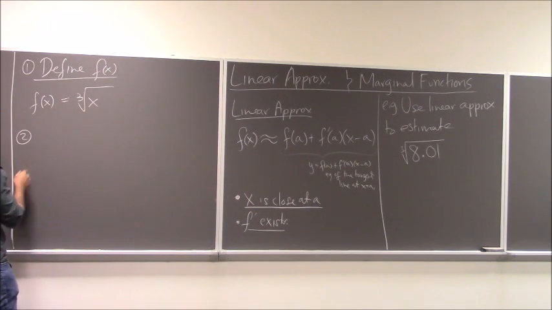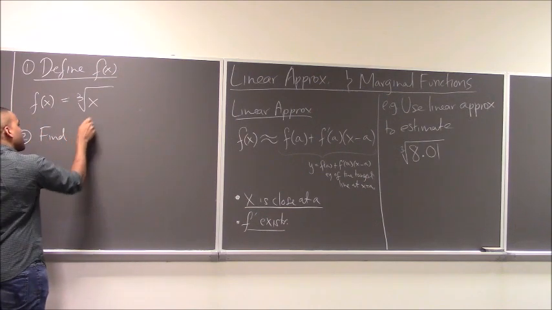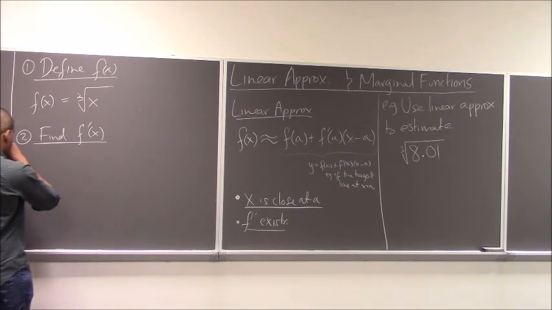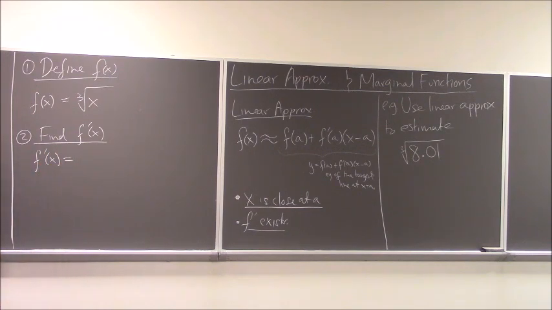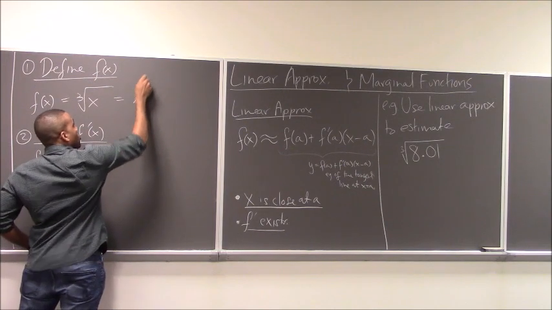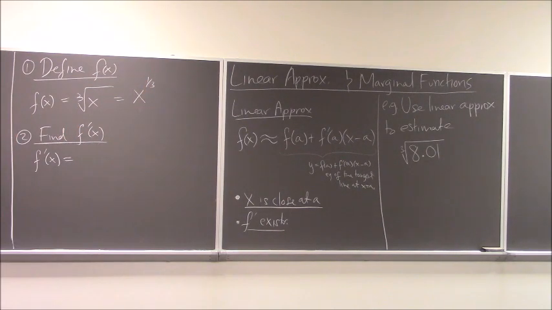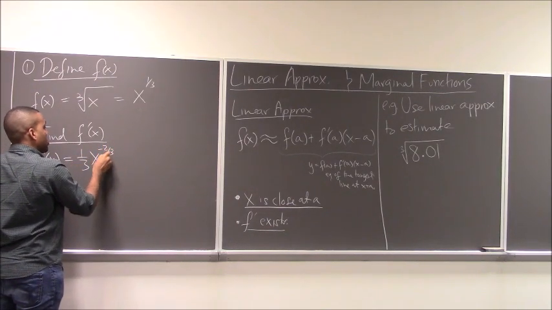Second thing we want to do, because we'll use it eventually, is immediately find the derivative. Hopefully we chose a differentiable function to approximate the thing that we care about. So in this case, what is going to be f prime of x? You would think of this as x to the 1/3, and you find the derivative using the power rule, so that's 1/3 x to the minus 2/3.